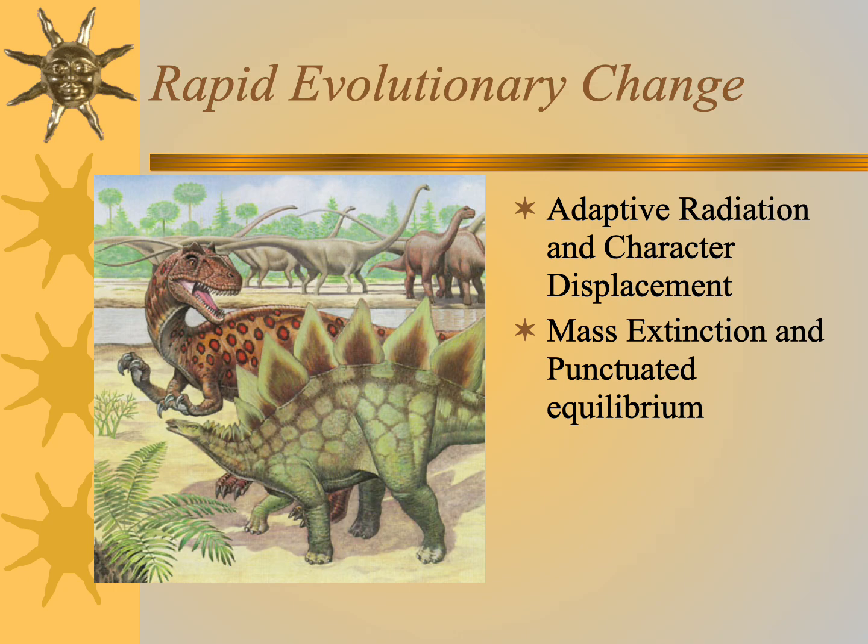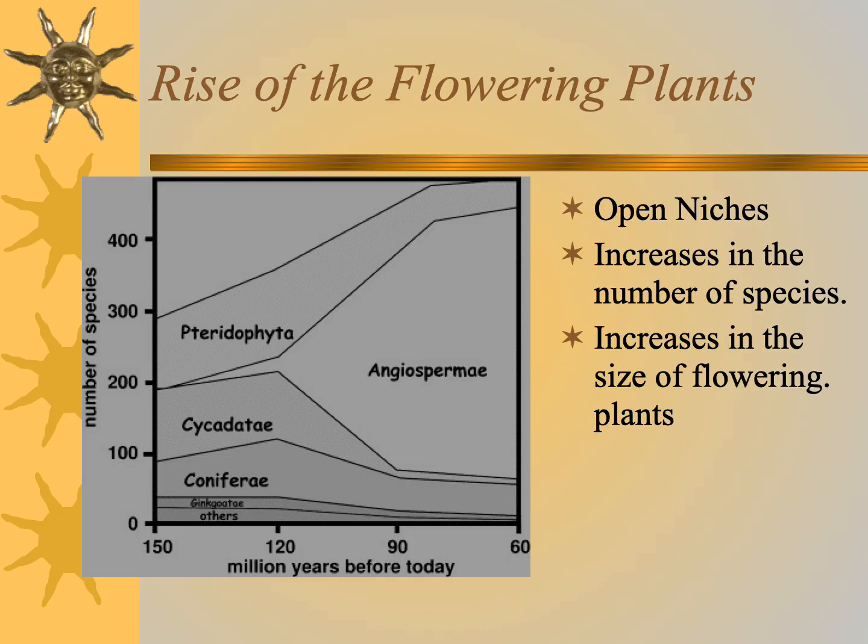If you look at mainlands, most times things seem to go pretty slowly, that there doesn't seem to be much change. But there do appear to be times when there's lots of change. And so here we have a look at the number of species in different groups. And about 150 million years ago, the cycads and the ferns were extremely abundant. That's Pterophyta, ferns.